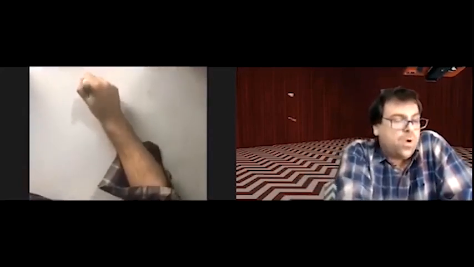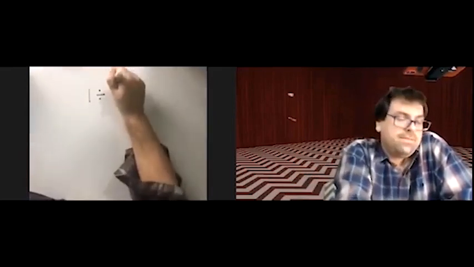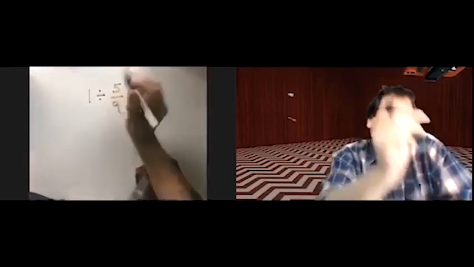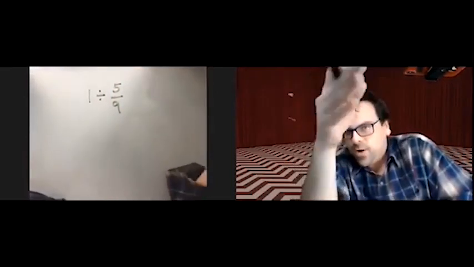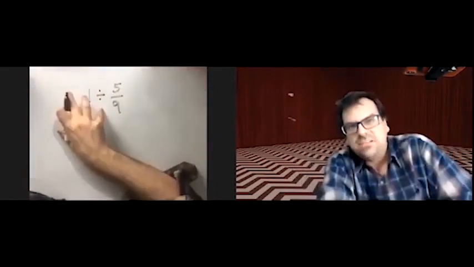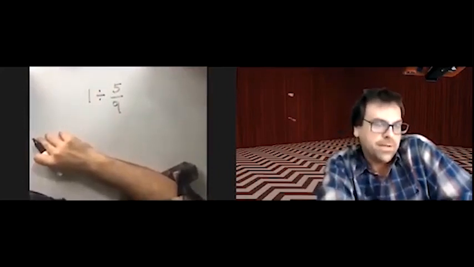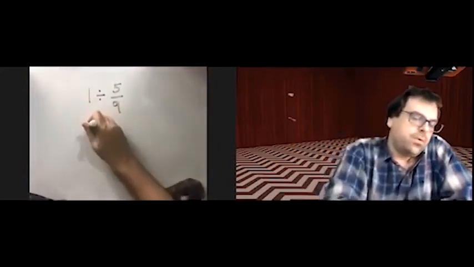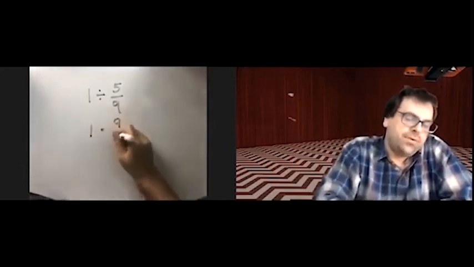How about if we had 1 divided by 5/9? Well, just because anything divided by 1 is itself does not mean it works the other way. 1 divided by is something completely different. To see this, we would go keep, change, flip.